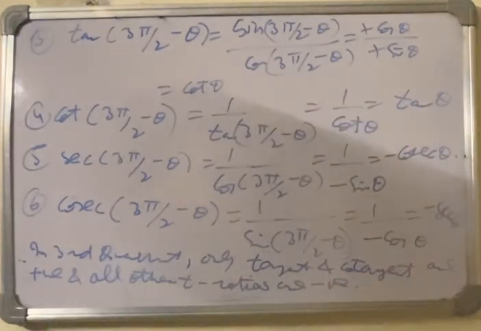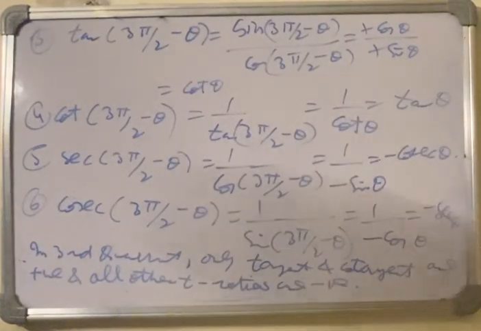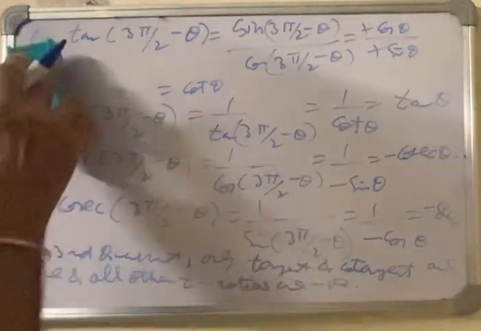What are all others? Sine, cos, secant, cosecant. And also in this case we have seen that in case of pi there is no change. But in case of 3 pi by 2 there is a change. Sine changes to cos, cos to sine. Similarly tan to cot, cot to tan, secant to cosecant, cosecant to secant.